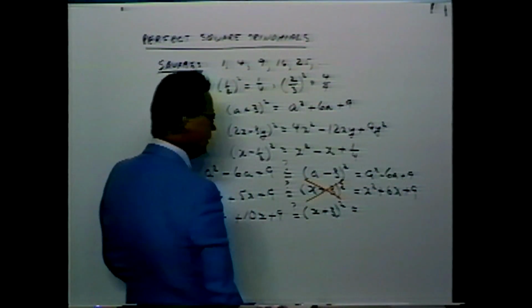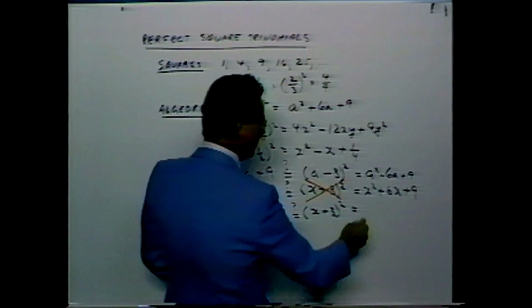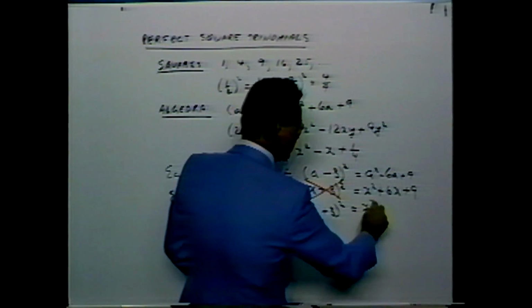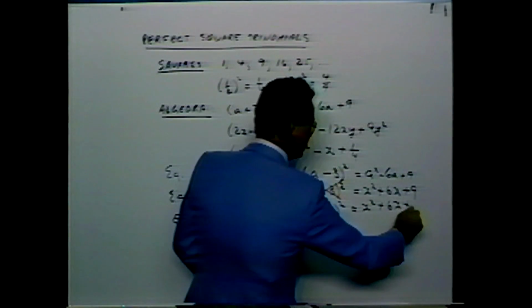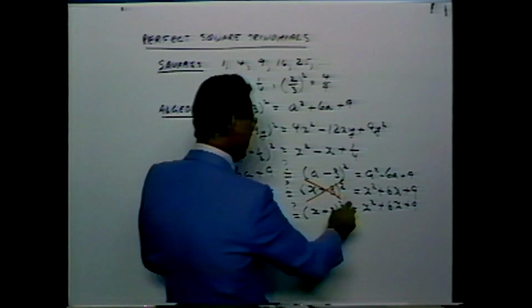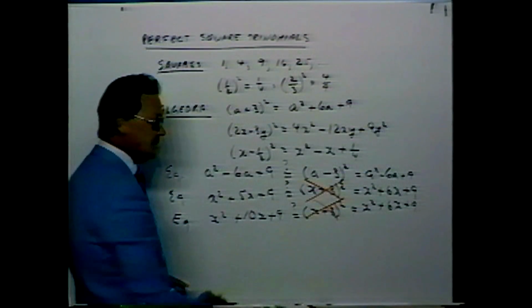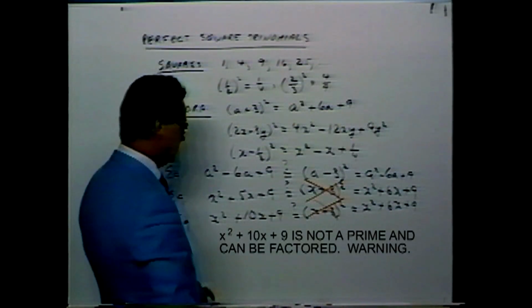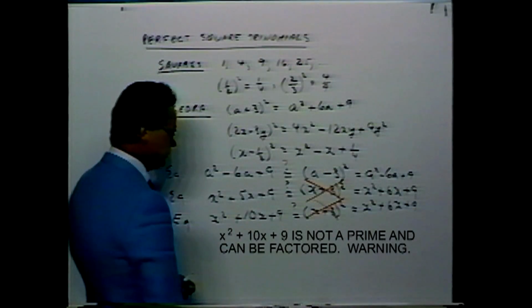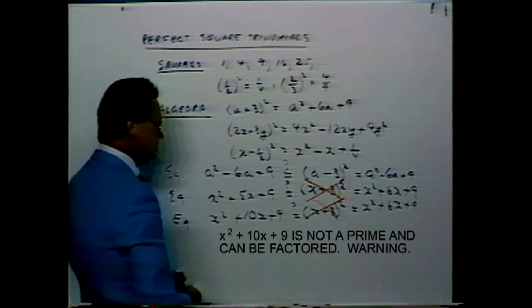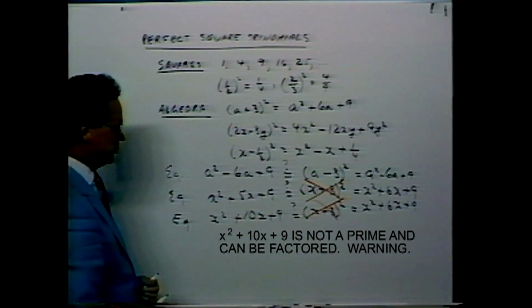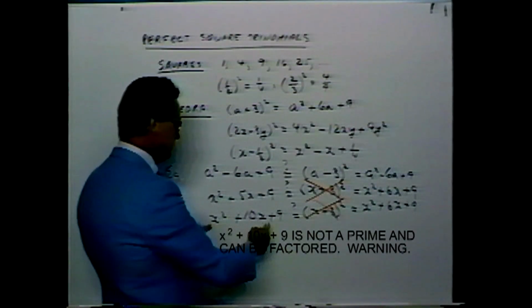And the answer is no, because once again the expansion is x squared plus 6x plus 9. But you have to be careful with this particular problem, mainly because there are factors for it. Don't completely abandon the question just because it's failed to be a perfect square, which we suspected it might have been.